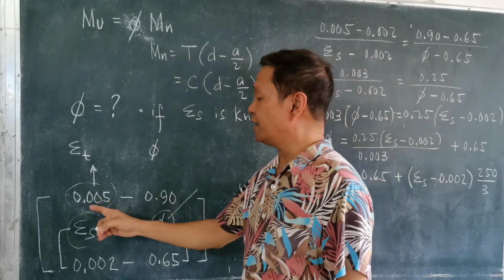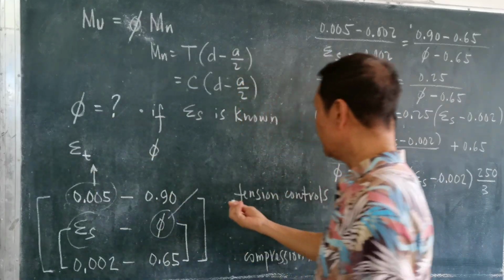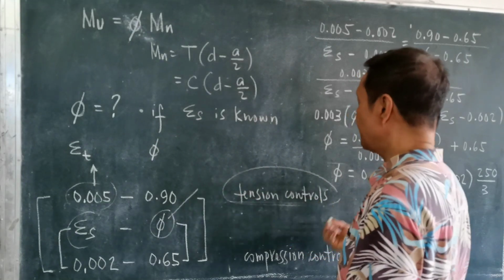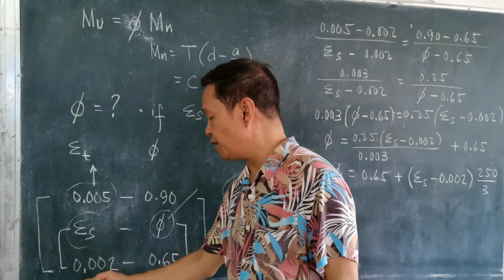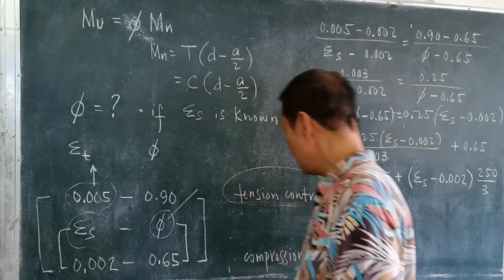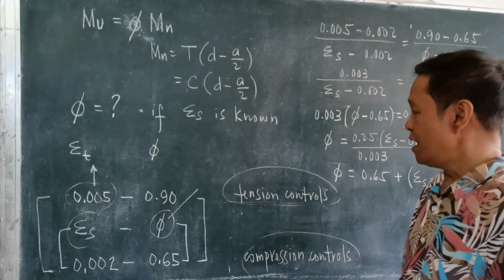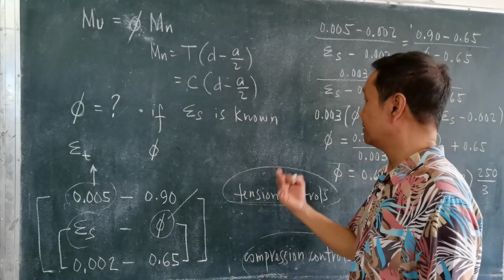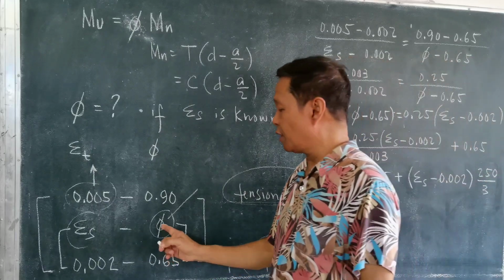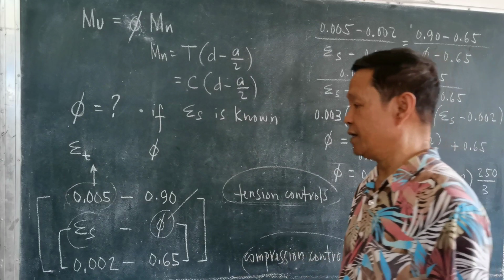You notice that if the value of strain is 0.005 and higher, we call that tension controls. But if the strain is 0.002 or lower, then that is compression controls. And in between these two is the transition part. So to be able to solve the phi in this transition part, we need to do the following.